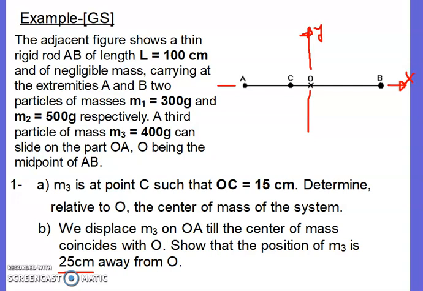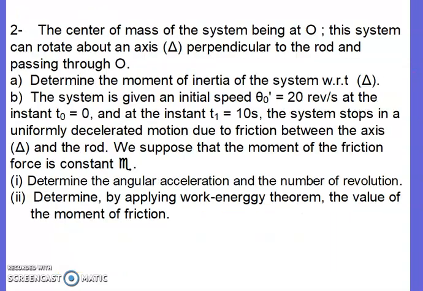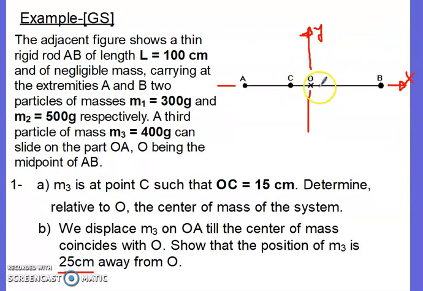Now part 2. The center of mass of the system being at O, this system can rotate about an axis delta perpendicular to the rod and passing through O. So here is delta. You only see the tip of delta.